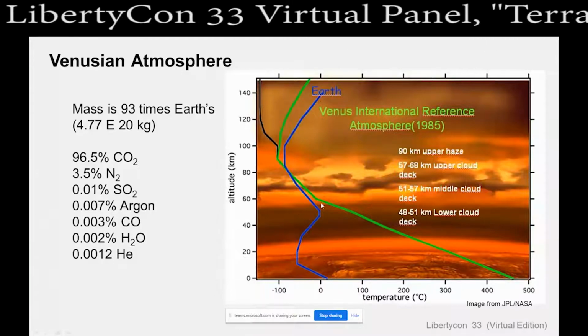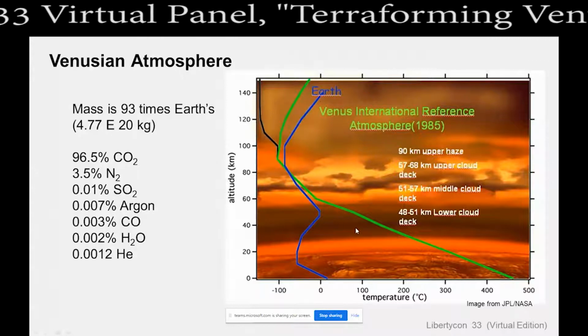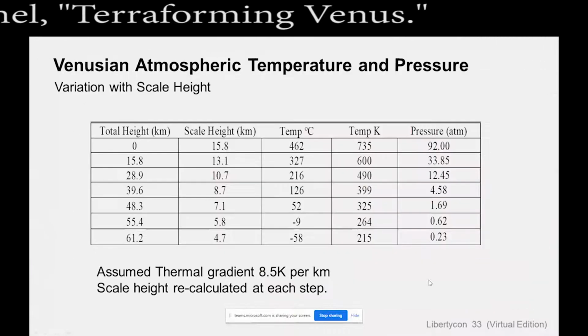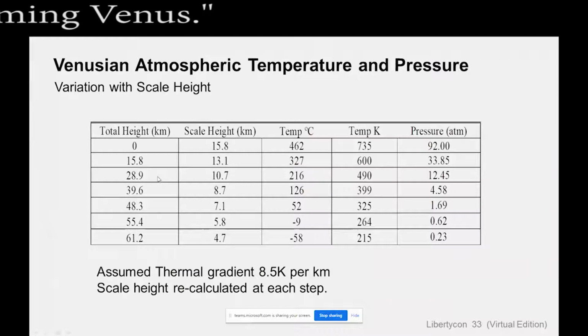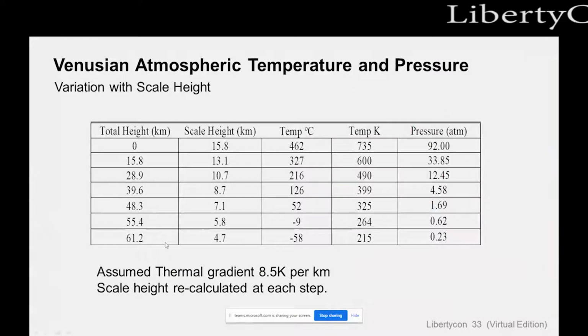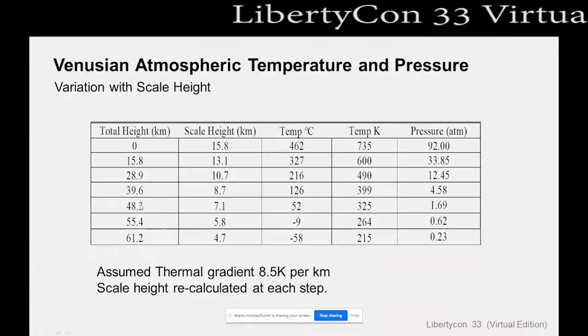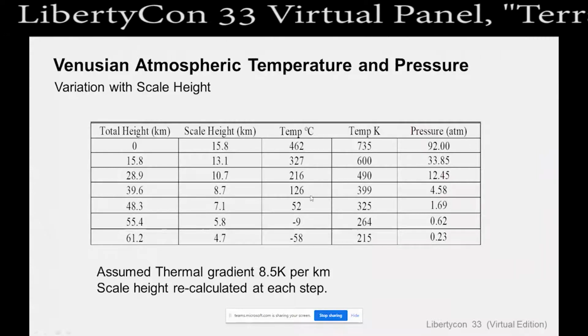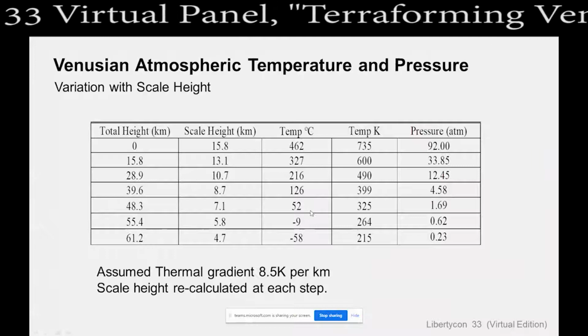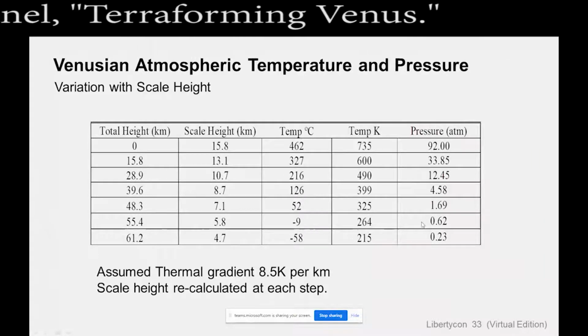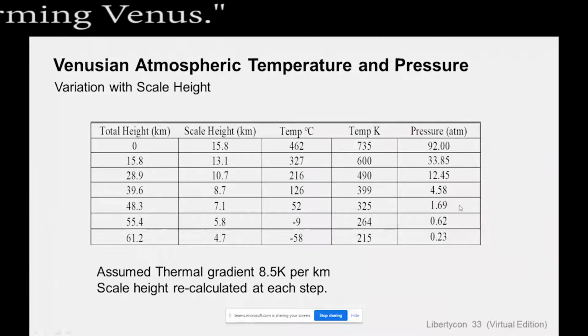Now at this point, they're actually pretty close, and that looks intriguing. It turns out if you look at the height and the temperature and the pressure around 50 kilometers up, you end up with a temperature fairly Earth-like and pressures fairly Earth-like.